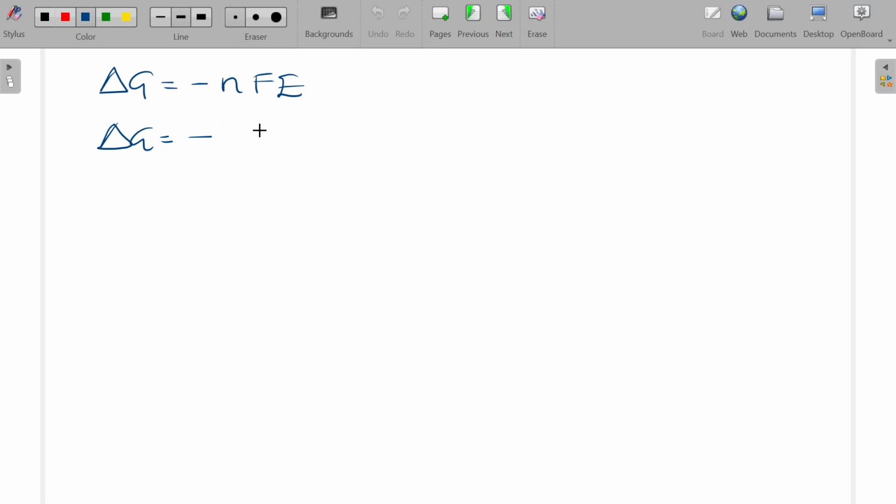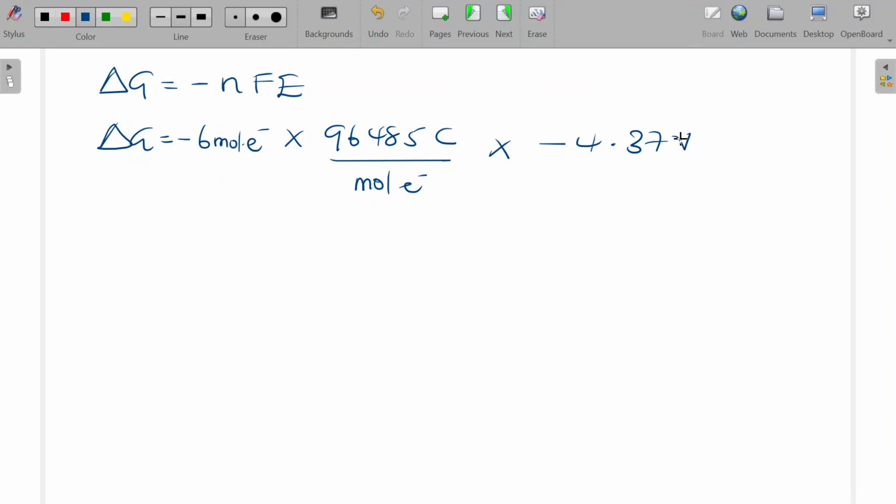So you're going to say 6 moles of electrons transferred times 96485 coulombs per mole of electrons times the E cell, negative 4.37 volts.